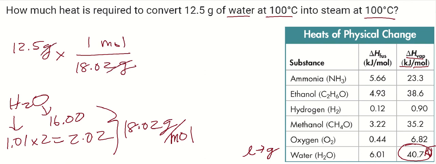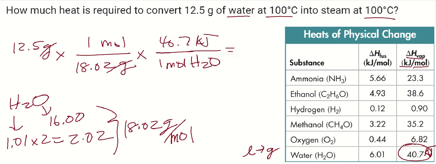Cancel, and now we can use this molar heat of vaporization. So for 1 mole of water, it's going to require 40.7 kilojoules of energy. But we don't have 1 mole, we have 12.5 grams. It's going to be a little less than 1 mole. So 12.5 divided by 18.02 times 40.7.